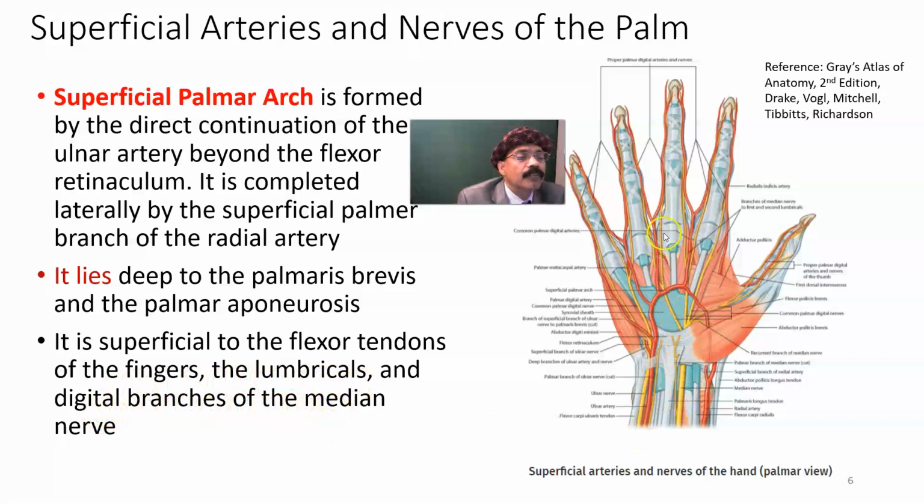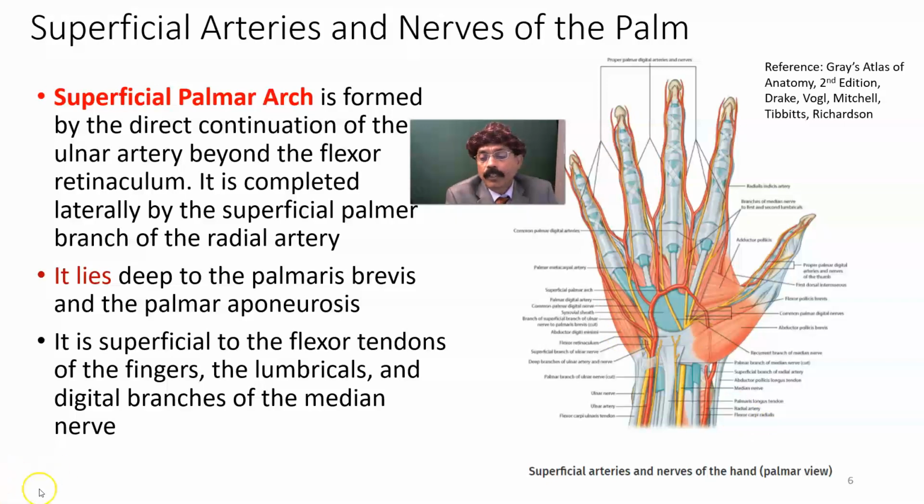These are the digital branches, common digital branch, then proper digital branch. So our superficial palmar arch is over it, and the upper limit of the superficial palmar arch is at the level of the extended thumb here. At the level of the extended thumb, this is the level of the superficial palmar arch. From there we'll get some common digital arteries, then the proper palmar digital arteries.